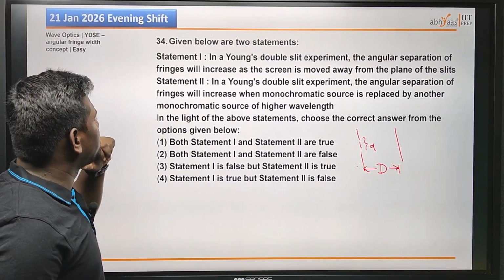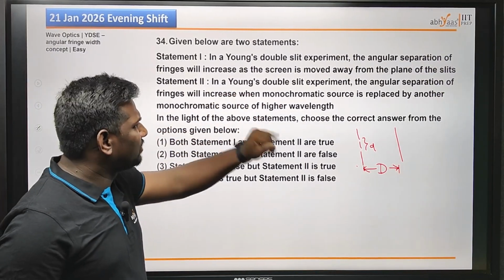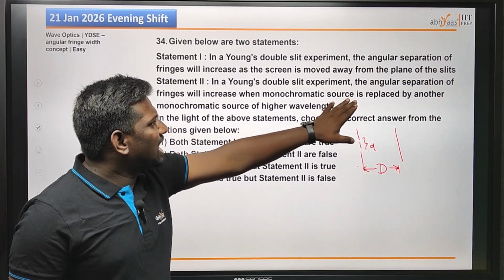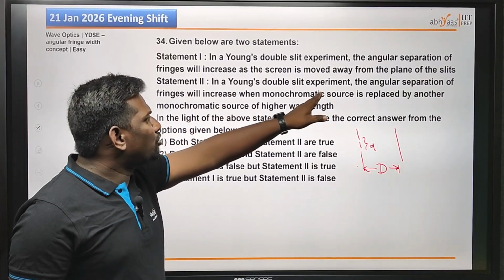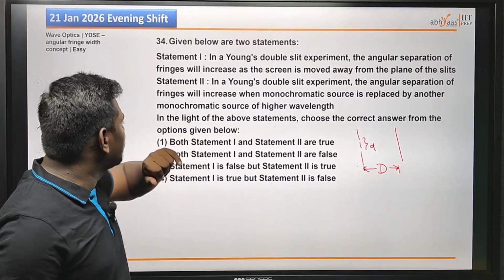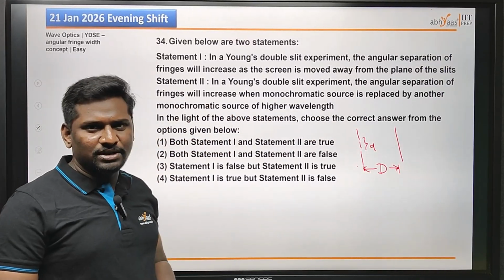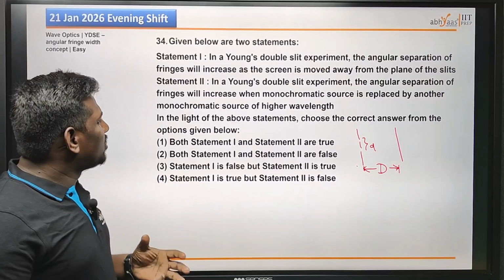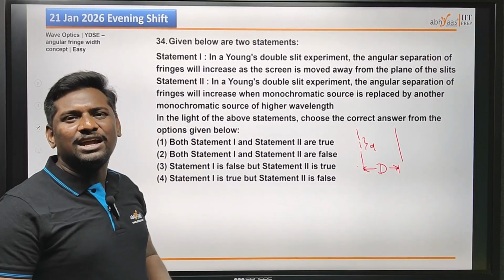So what is the next statement? In the YDSE experiment, the angular separation of fringe will increase if the monochromatic source is replaced by another monochromatic source of higher wavelength. So you should know the formula of the angular separation.